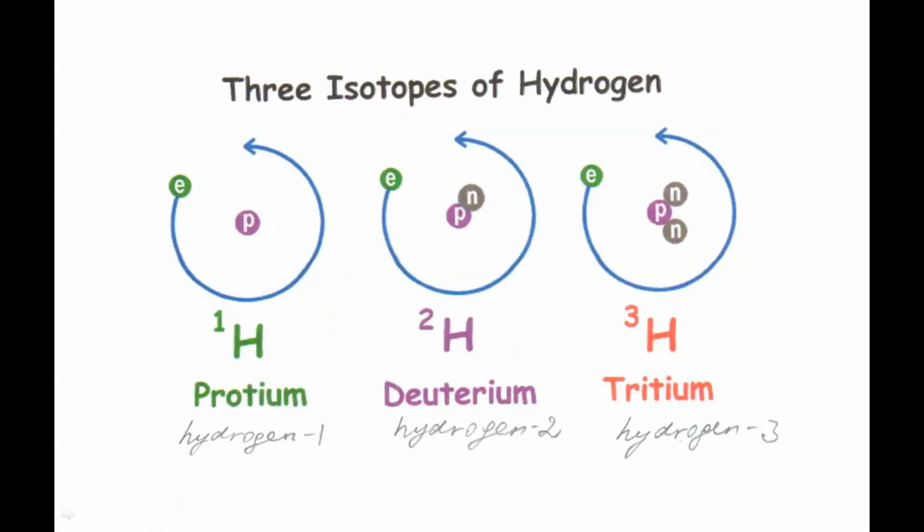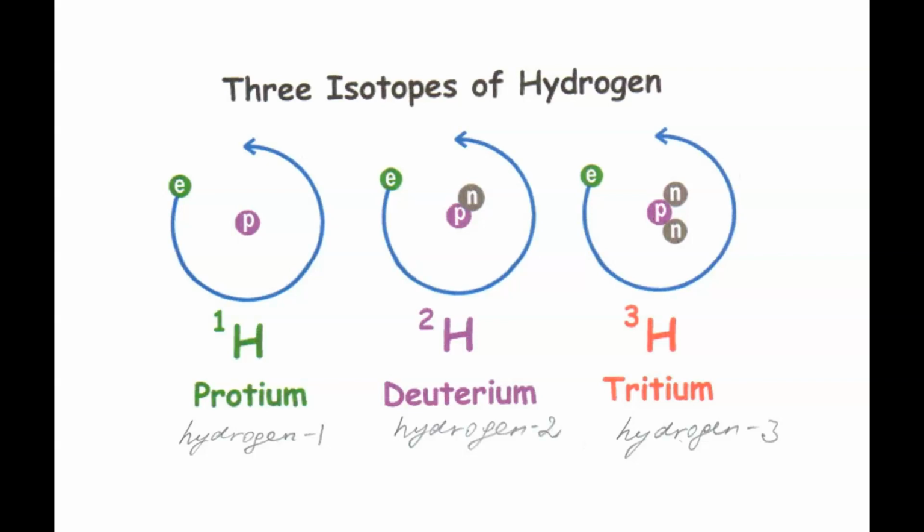Why, for example, in our environment do we have a lot more hydrogen 1 compared to hydrogen 3? The answer is really very simple. This is because of one simple reason: different stability. Some isotopes are more stable, so they can exist for a longer time, and some isotopes are less stable.